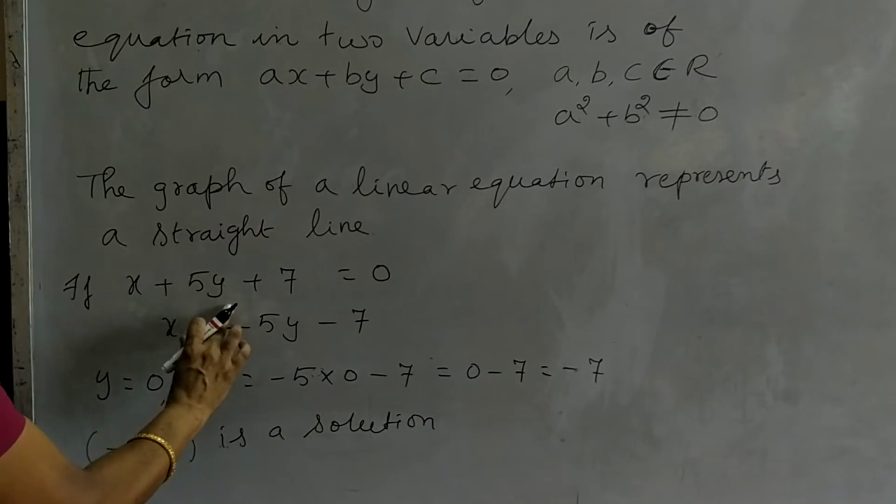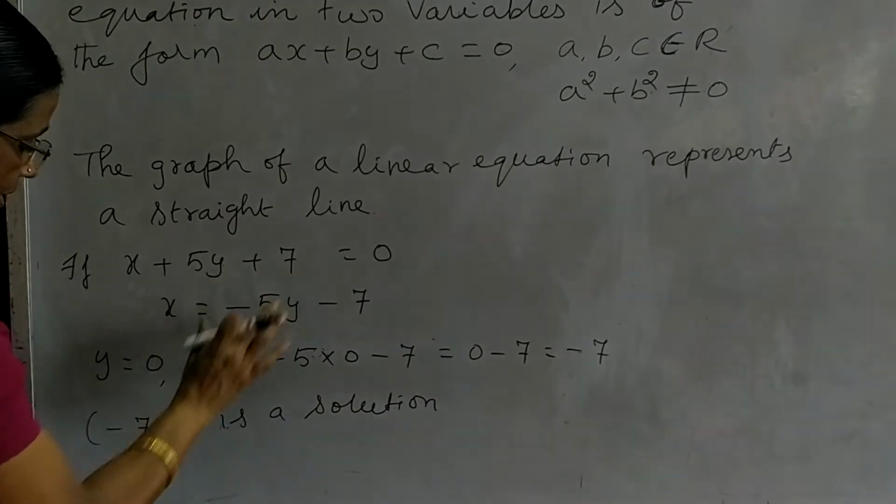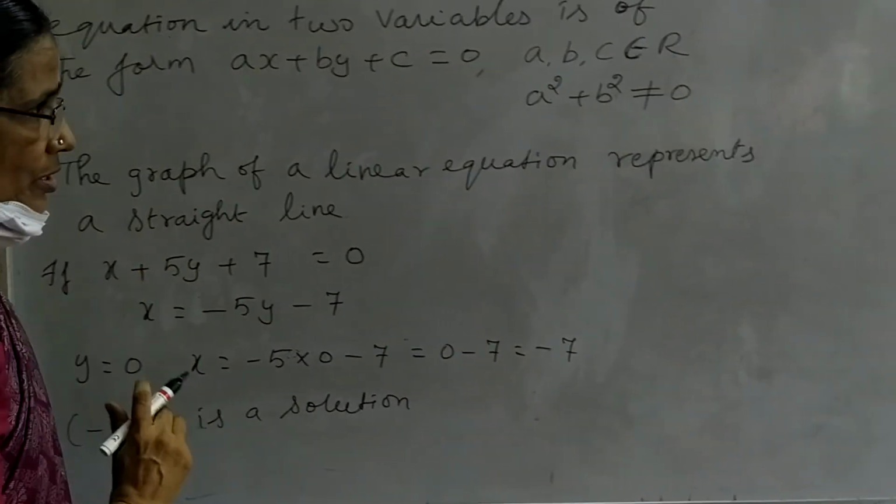Conversely, each and every point on the graph is a solution of the given equation. This we should remember. Solution means it is a point on the graph we have drawn. Conversely, if you take a point on the graph, it becomes a solution. And what is a solution? When we substitute the values of x and y in the given equation, we get LHS equal to RHS.